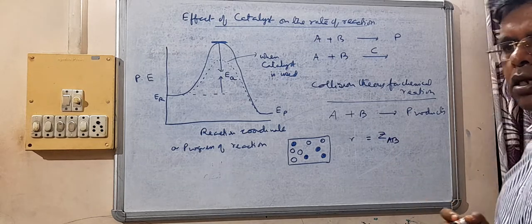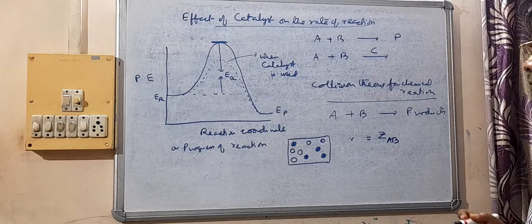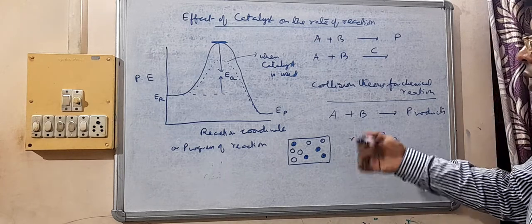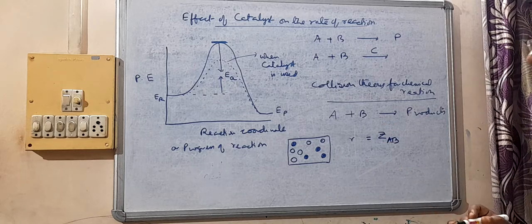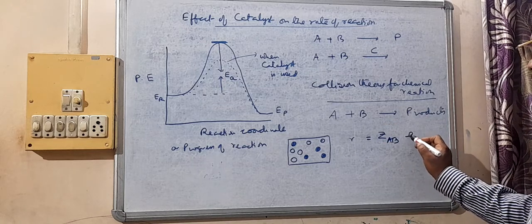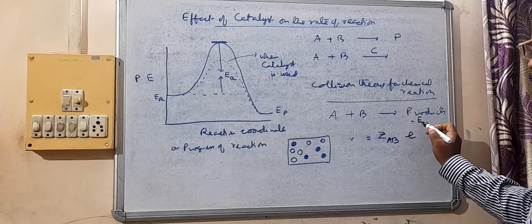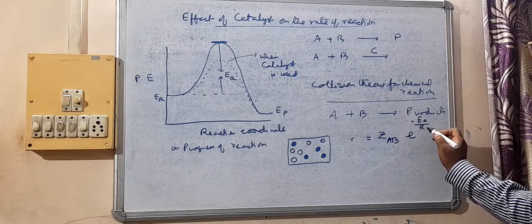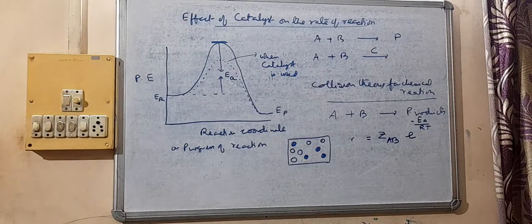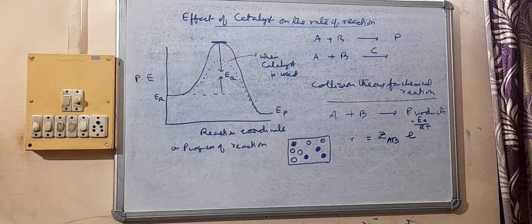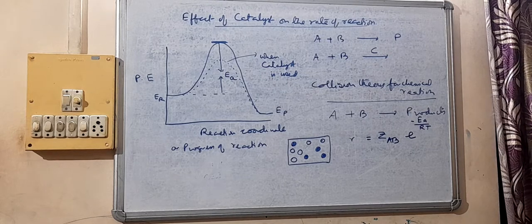ZAB is collision frequency, meaning how many collisions are taking place per unit time, per unit volume, multiplied by e to the power minus EA by RT.